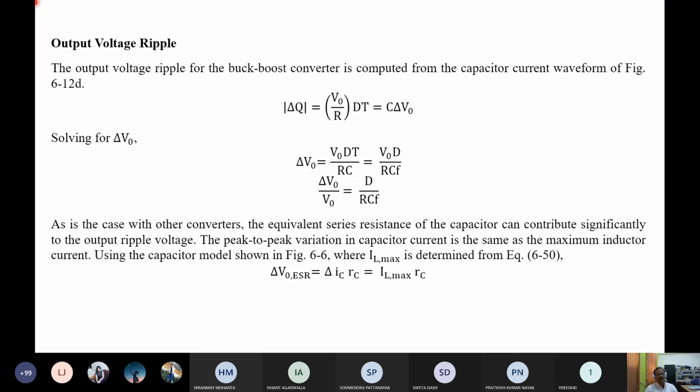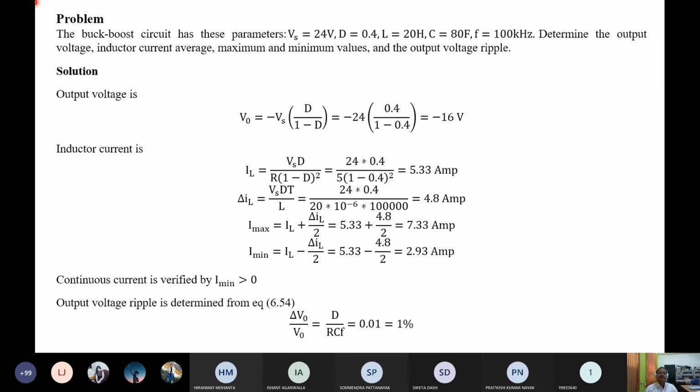Inverters are IGBT based. Okay. So this is a problem you can solve for your future. I told you one converter in one class. The next class is the last DC-DC converter, the Cuk converter. Next week I will start inverters.